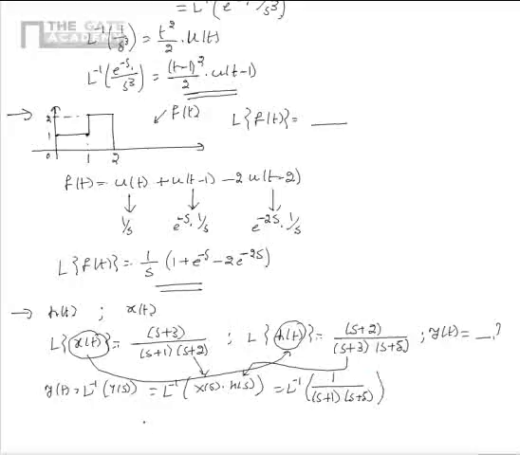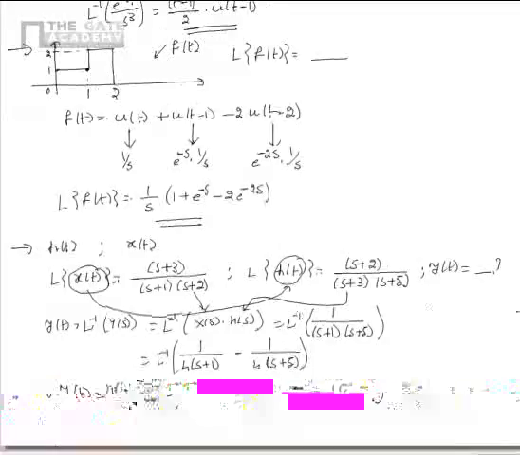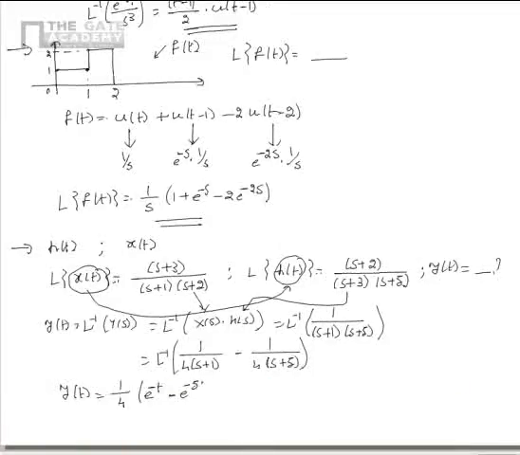This can further be simplified by splitting into partial fractions as L inverse of 1 by 4 into s plus 1 minus 1 by 4 into s plus 5. So from this we can write that y of t is equal to 1 by 4 multiplied by e power minus t minus e power minus 5t u of t, because L inverse of 1 by s plus 1 is e power minus t u of t, and L inverse of 1 by s plus 5 is e power minus 5t u of t.